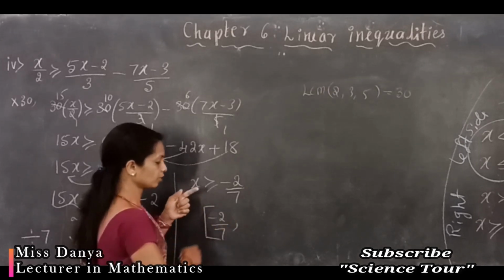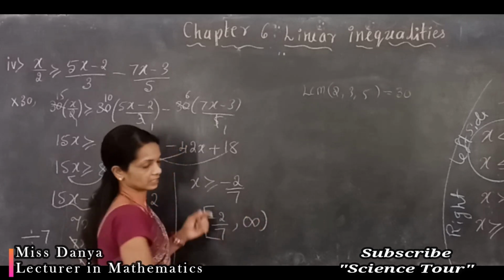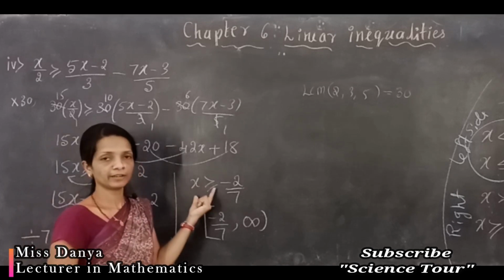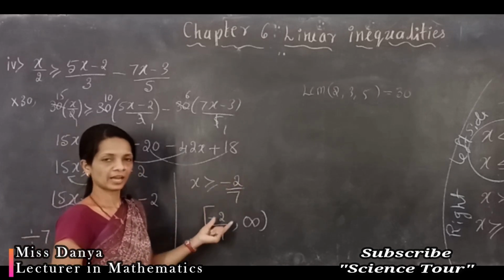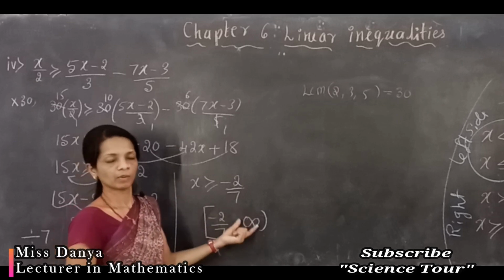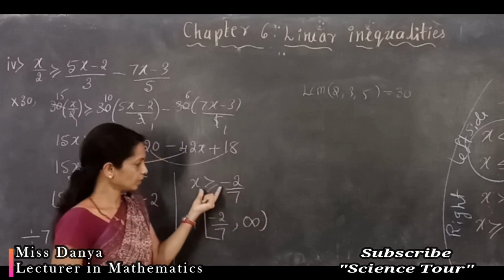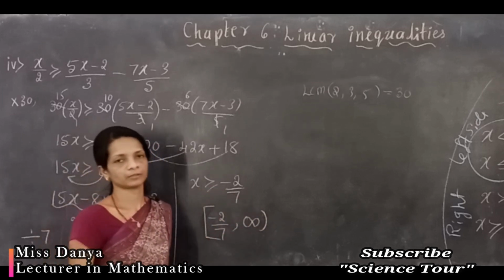Then put a comma, and the second number is plus infinity. Always, if you get greater than or equal to, or greater than, at the end of simplification, the first number is this number and the second number is always plus infinity, and the plus infinity side is always an open bracket. Since we got a slack inequality symbol here, you use a closed bracket.